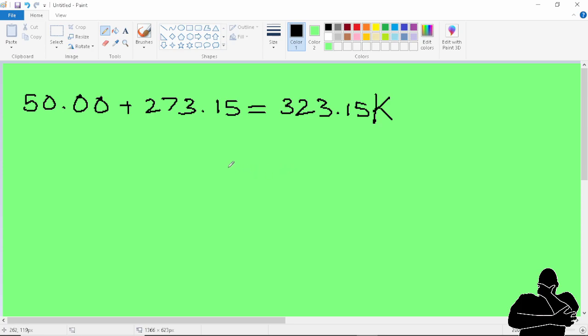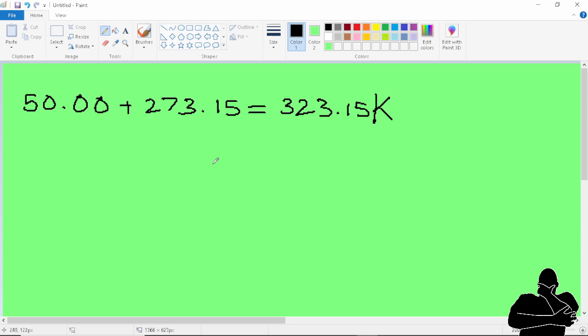In other words, if you add two numbers and one has one decimal place but the other has two, the final answer should have one decimal place because the data point with the least number of decimal places had one decimal place. So you look at the number of decimal places in the data point that has the least number of decimal places, and that is the number of decimal places that should be in your final answer.